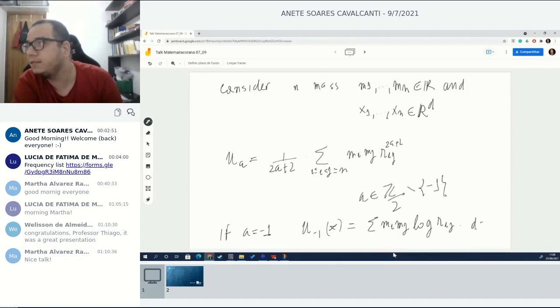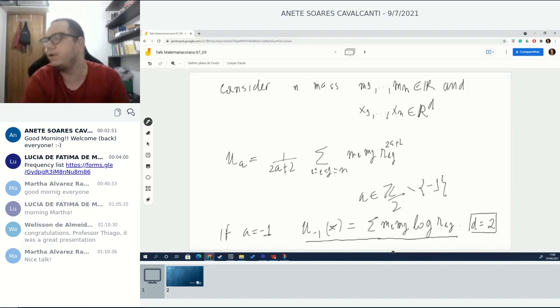In this case, we consider this potential only when d is equal to 2. This is the potential for the vortex problem.